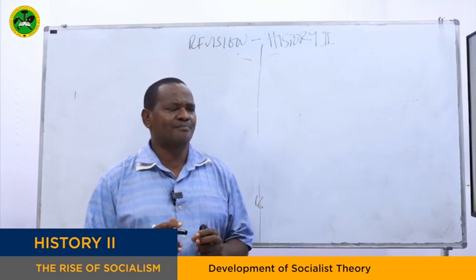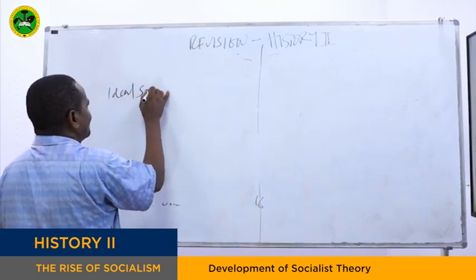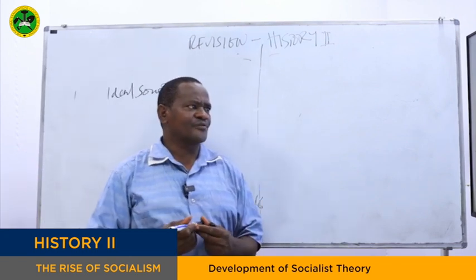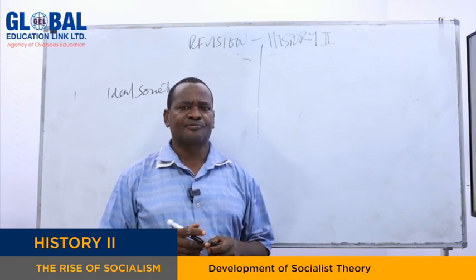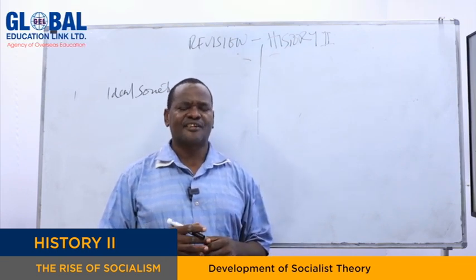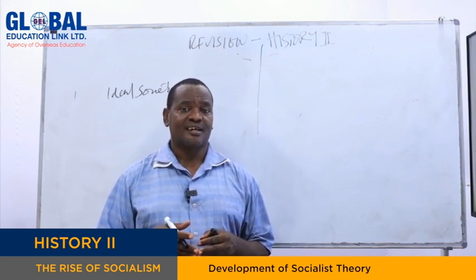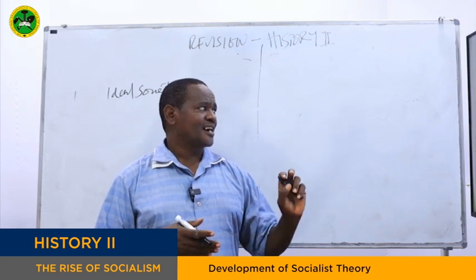An ideal society where people are going to be equal in everything. And of course, remember, this came during the time when the working class was too small. Probably that is why people thought of establishing an ideal society with no proper way of how to establish it. So that is one.